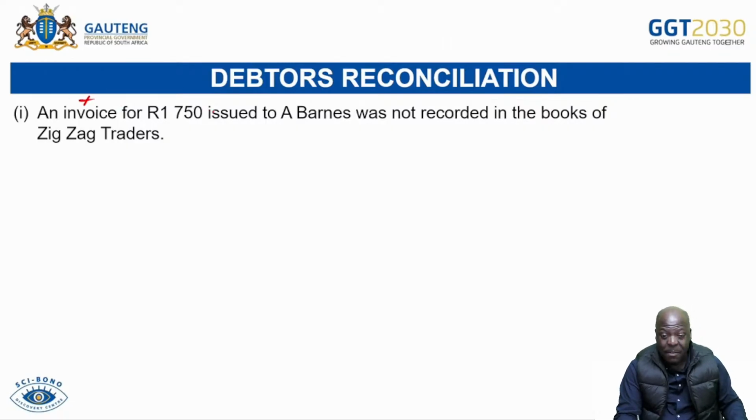Okay, the invoice for 1,750 issued to Barnes was not reflected in the books of Zigzag Traders. Once again, we need to establish who we are and who they are. So Zigzag Traders and Barnes. An invoice for 1,750 issued to Barnes, a debtor, was not recorded by us, in our books.